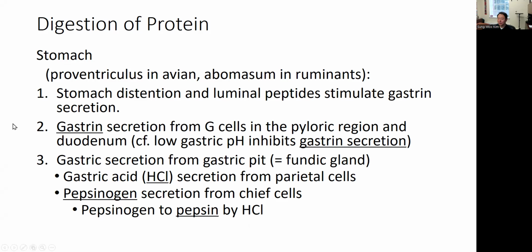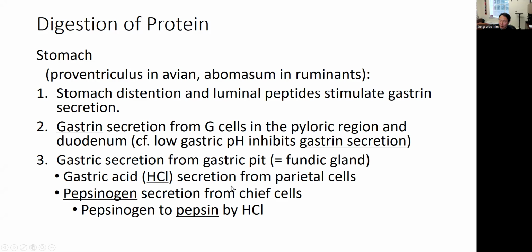The secretion of gastrin from the pyloric region and duodenum will be inhibited when the digestive pH goes down. Under acidic conditions, gastrin will not be secreted and will stop. So that is gastrin, the hormone. We'll come back to this.